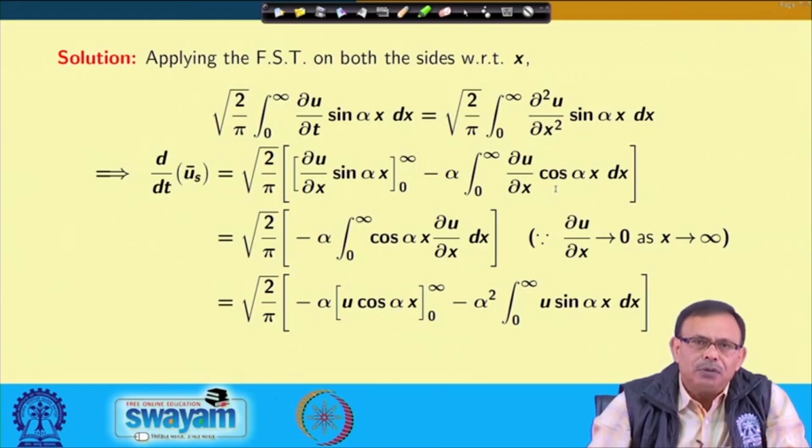Again use integration by parts. Here again the first term will vanish using the condition u approaches 0 as x approaches infinity, and you will obtain minus alpha square, and this integral is nothing but u bar.